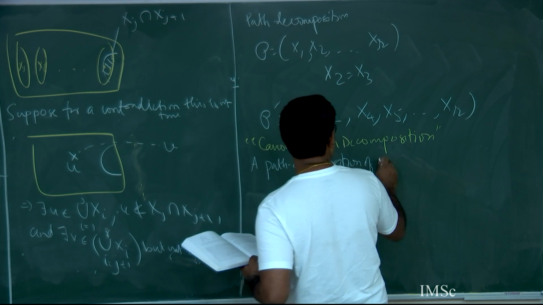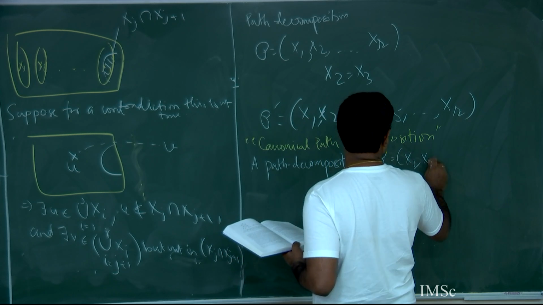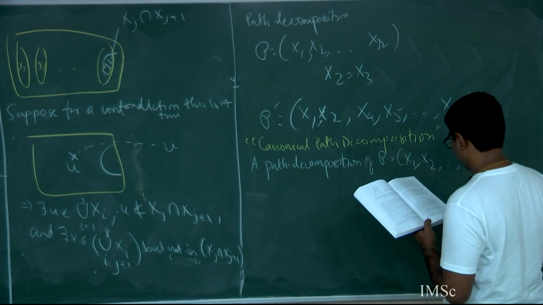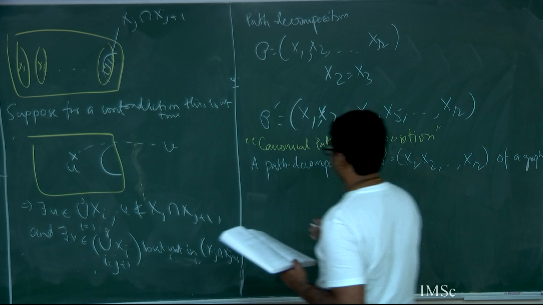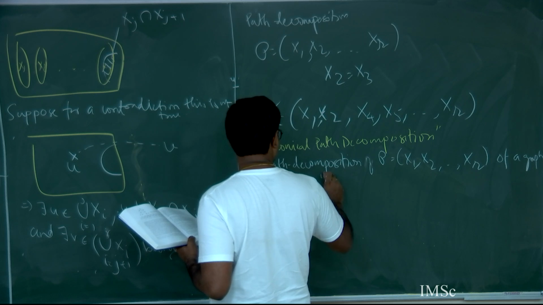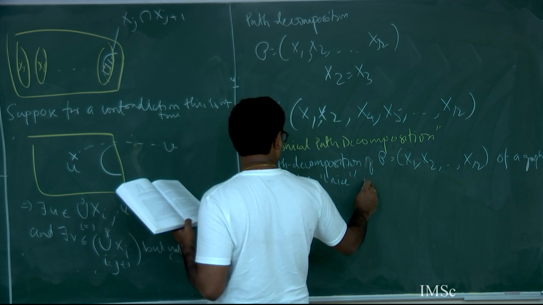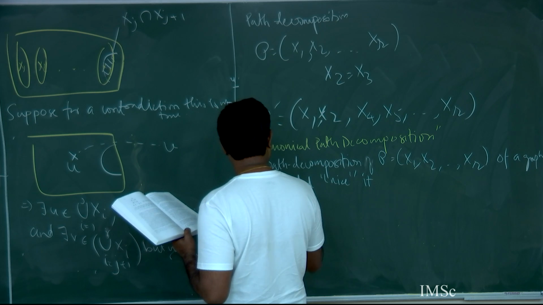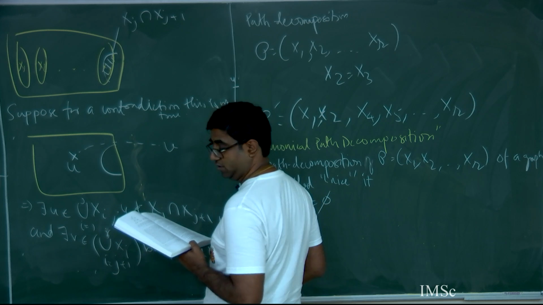A path decomposition p, X1 to Xr, of a graph G is called nice if first, X1 equals Xr and that is equal to the empty set.